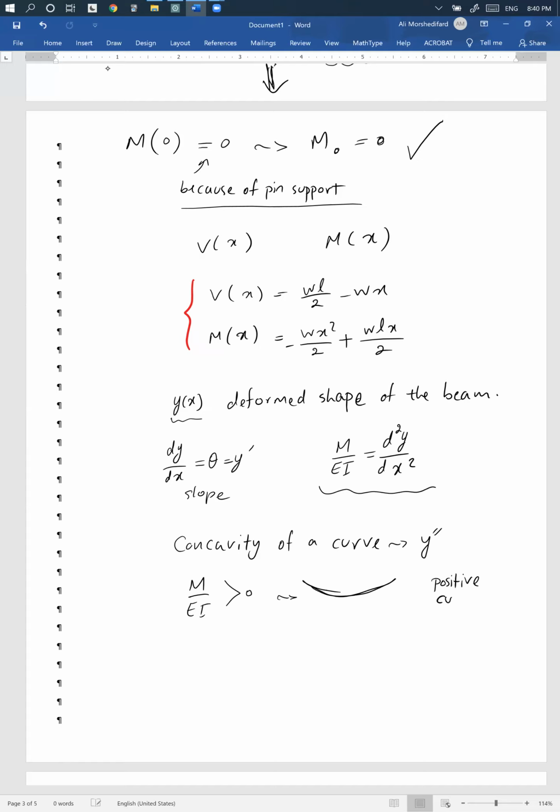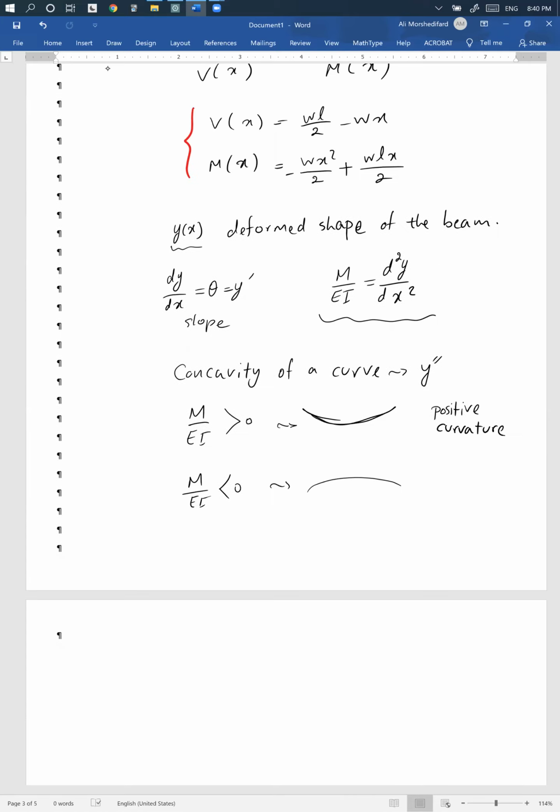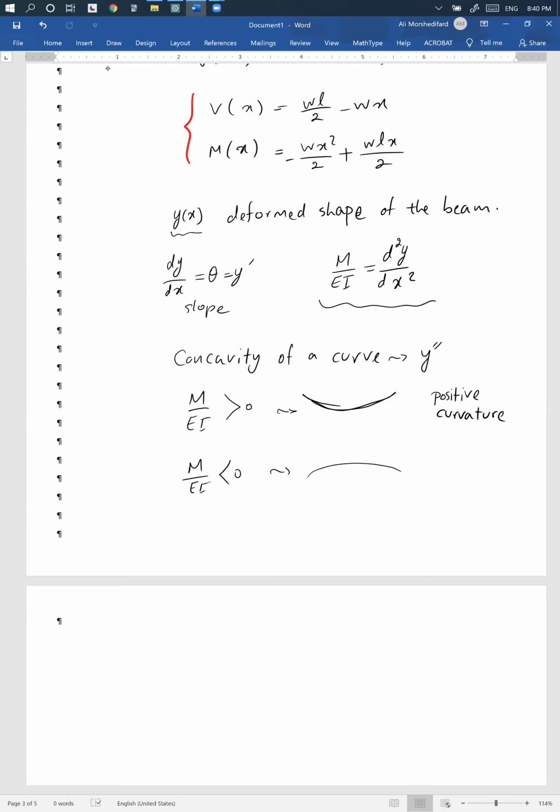If your M over EI is negative, it means that your curve has a negative curvature, right? So if you want to plot your deformed shape, all you have to do is look at the sign of your moment diagram. That's it. So let's plot it.